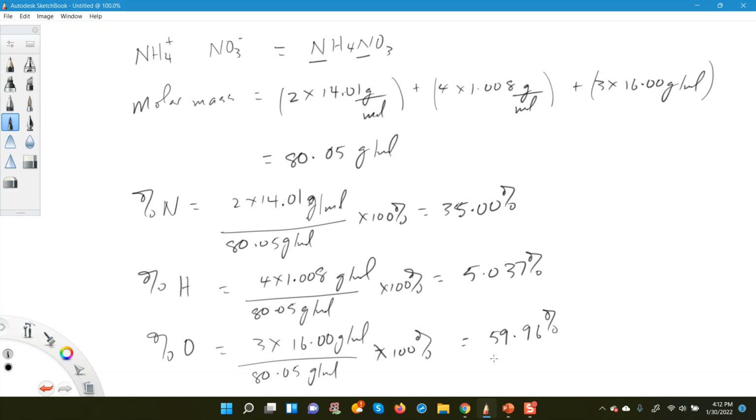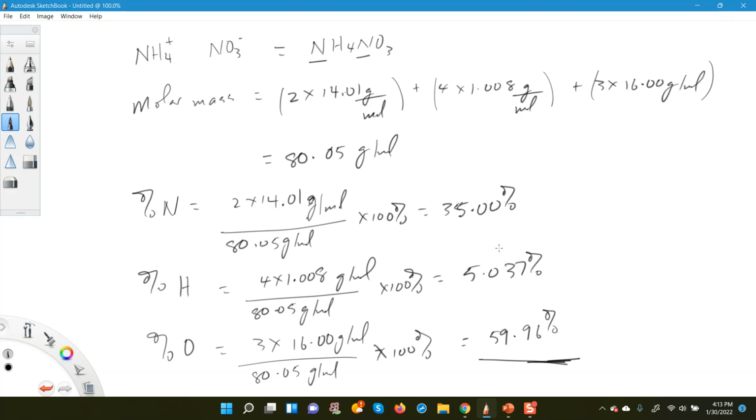And again, you can see if these answers are valid by adding all of these together, which should be equal to, if not 100%, very close to 100%. So let's do that. 35 plus 5.037 plus 59.96.